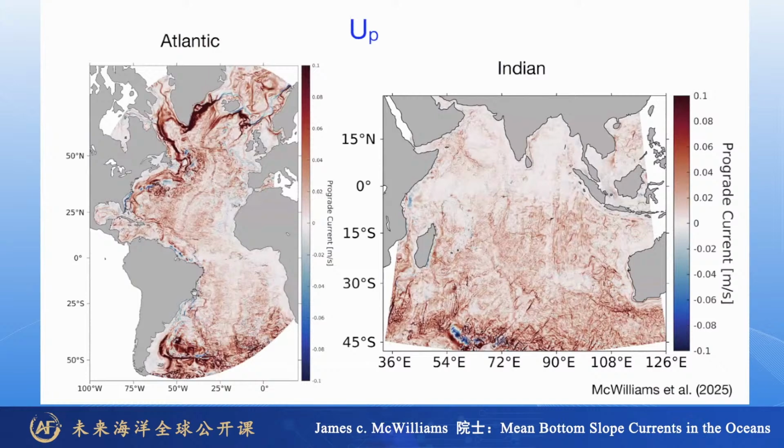Similarly, if you look in the subtropical gyre in the Brazil Basin, you see that the bottom currents along Brazil, actually both southern Brazil and northern Brazil, are wind gyre anti-topostrophic currents. But still, the prevailing color is red.